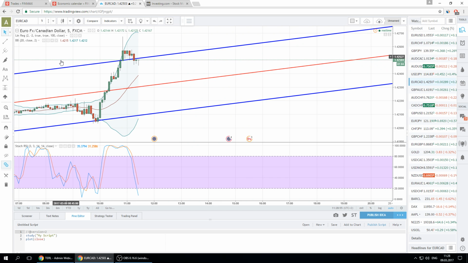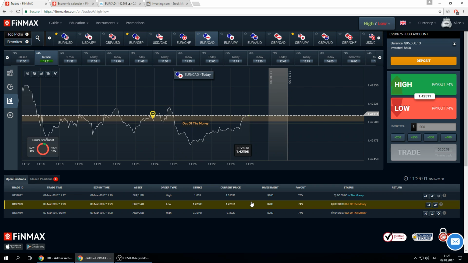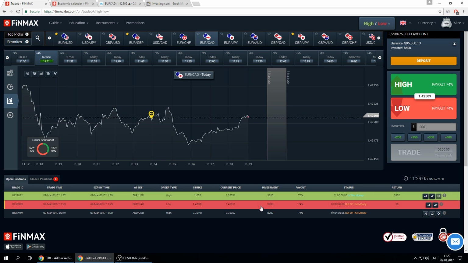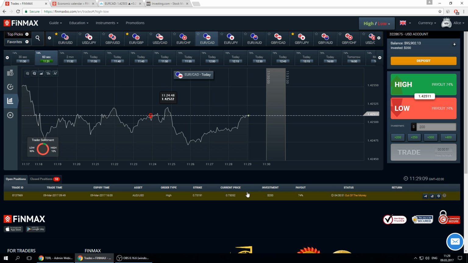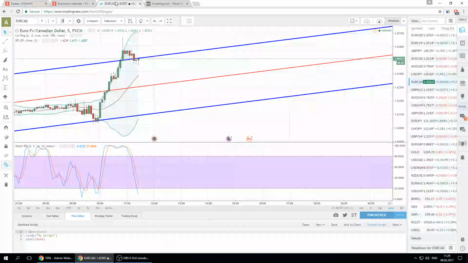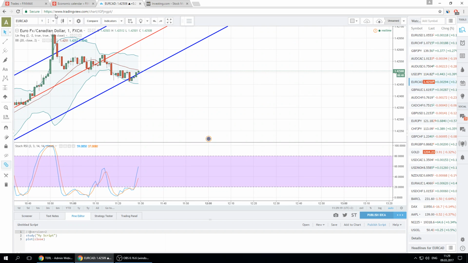Okay, so for me that's not clear enough on what to do next. This trade is in the money, this trade is out of the money, so I need to see the results and the potential for falling, because right now we see that the euro is growing.